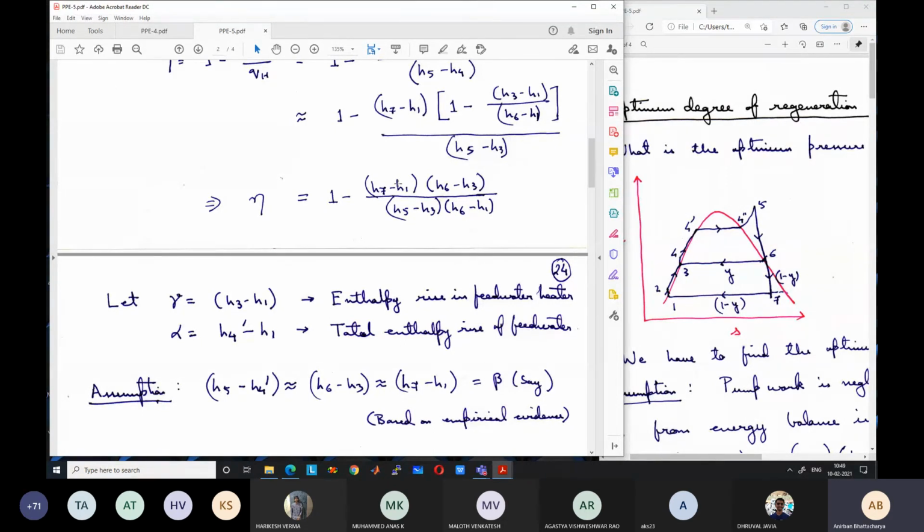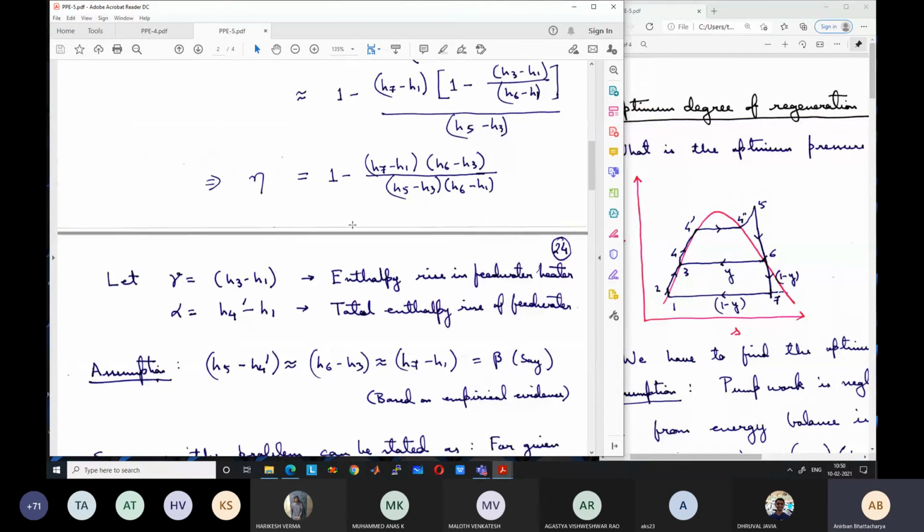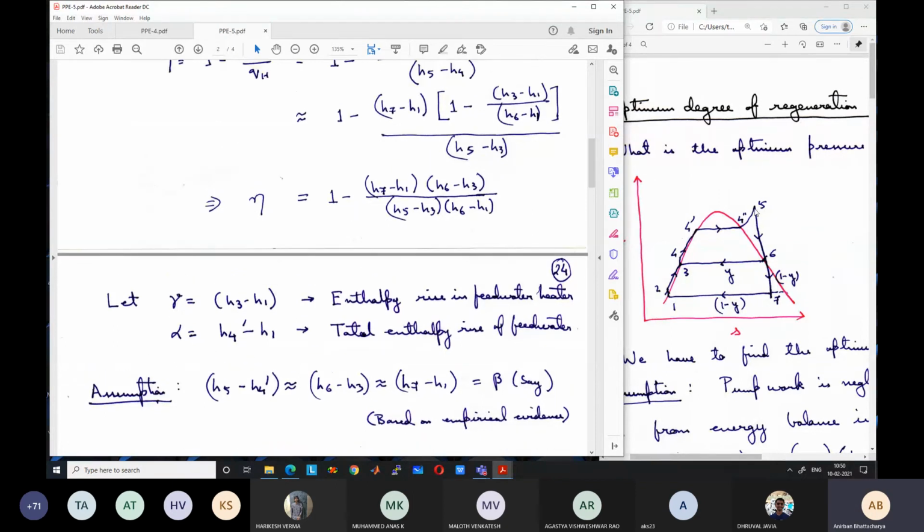So what is H5 minus H3? H5 minus H3 is equal to (H5 minus H1) minus (H3 minus H1). I will repeat again: H5 minus H3 is the entire distance H5 minus H1, minus H3 minus H1. What is H5 minus H1?